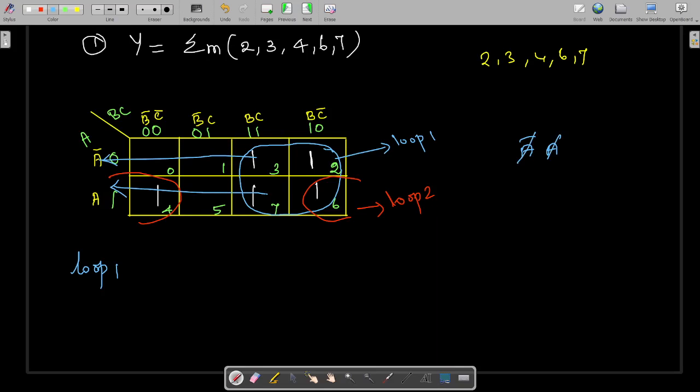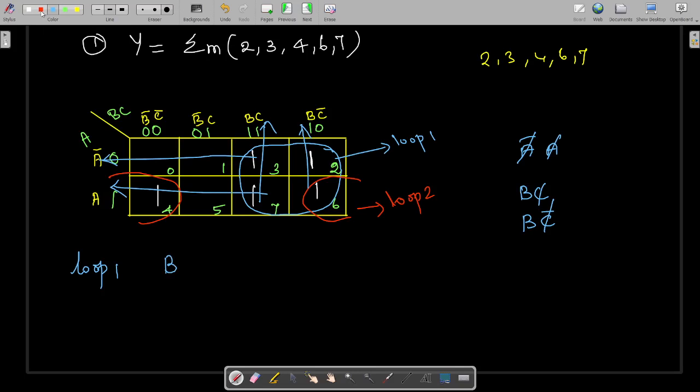Then column-wise, these two are covered, which corresponds to the BC value as well as the BC bar value. The C and C bar get cancelled, so we only get B. So loop 1 corresponds to B only.